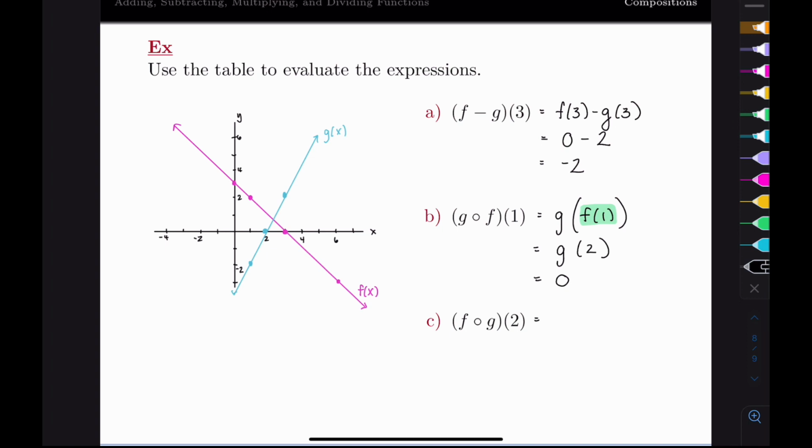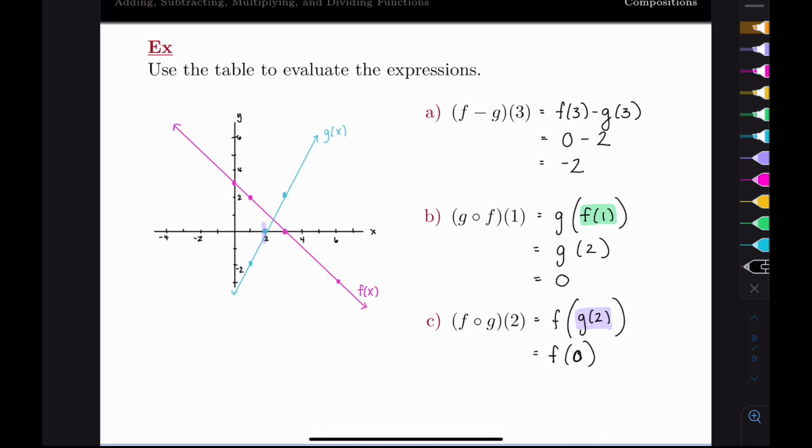One last one, but now we're reversing it. f is on the outside, g is on the inside, and we're evaluating this at 2. So starting on the inside, we actually already did g of 2, but that's okay. When I plug in 2 for x, g is going to equal 0. So this is f of 0.